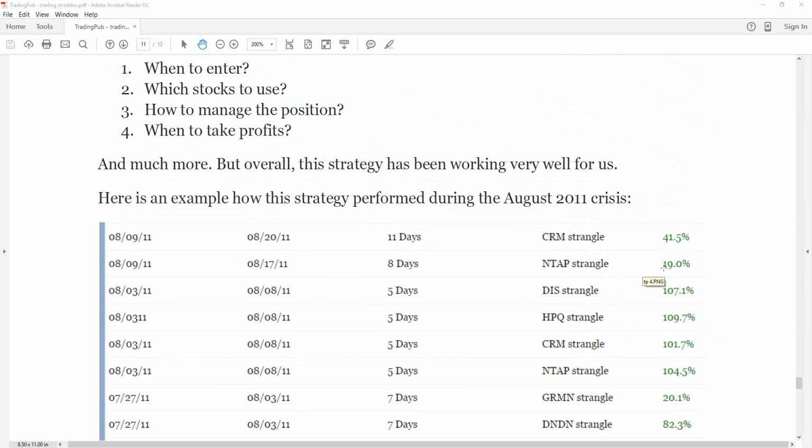For example, a stock like Apple or Google will usually perform better with calendars, and this is why we're doing calendars on them. Straddles, again, stock basis.